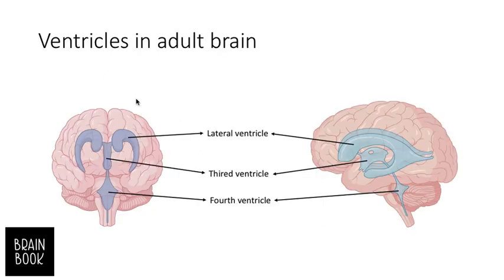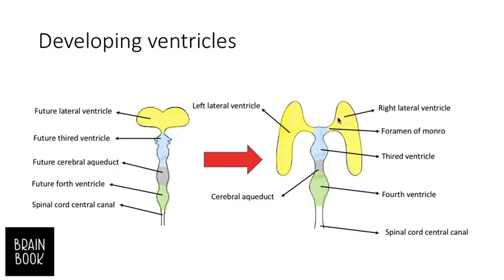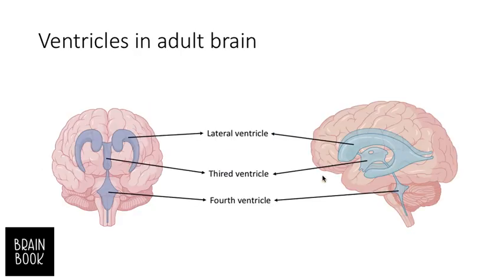When the ventricles completely develop, they form this shape of the ventricular system in our brain. As you can see here, we have lateral ventricles in the left and right hemisphere.